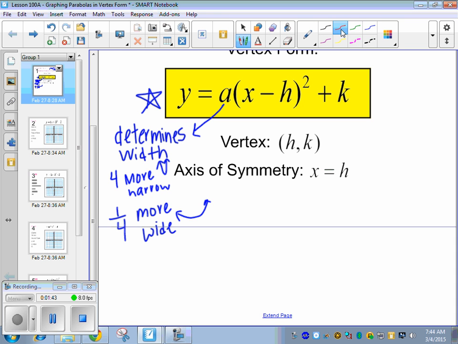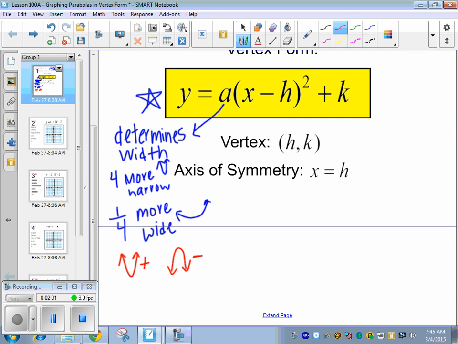One other thing a does is determines if it opens up or down. So if it is positive, it opens up. And if it's negative, it opens down. All right, x minus h.